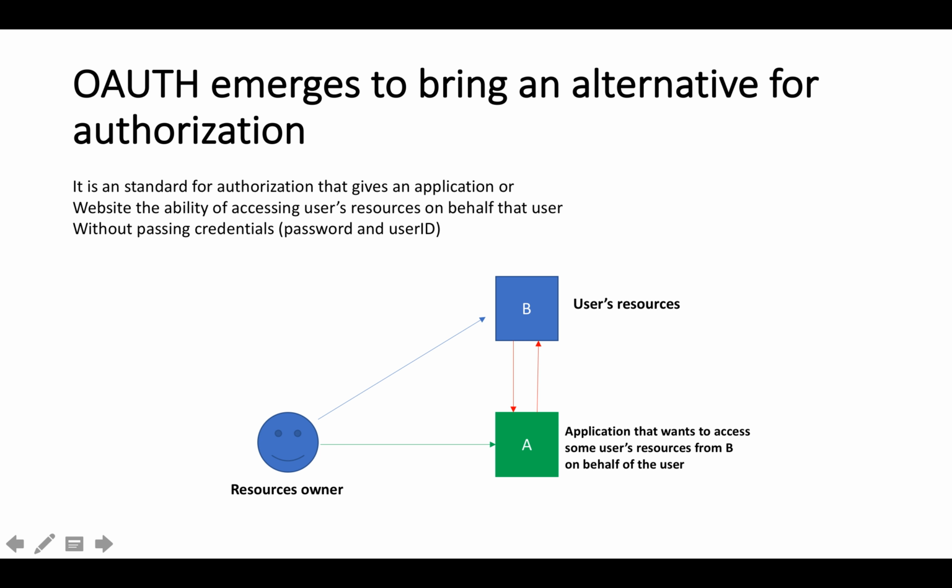So without entering his credentials, this user can consume the resources that he has on server B through application A. This is basically the concept of OAuth.